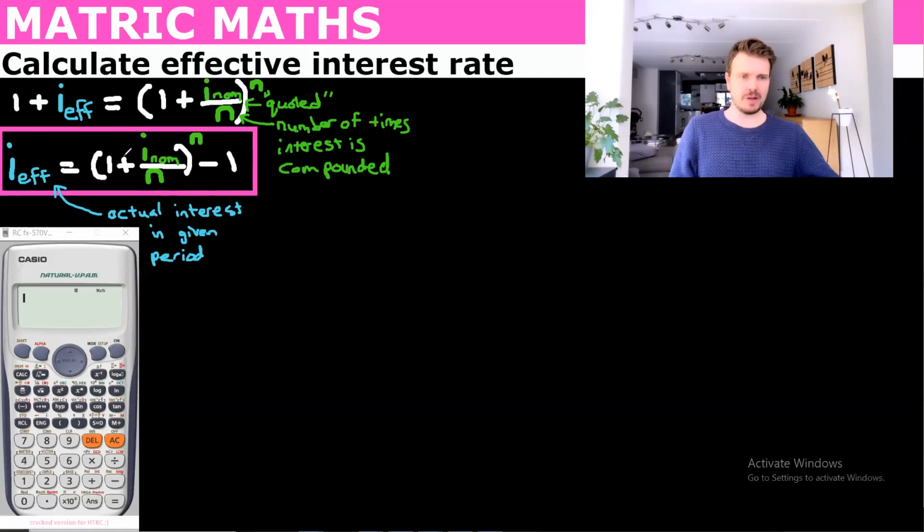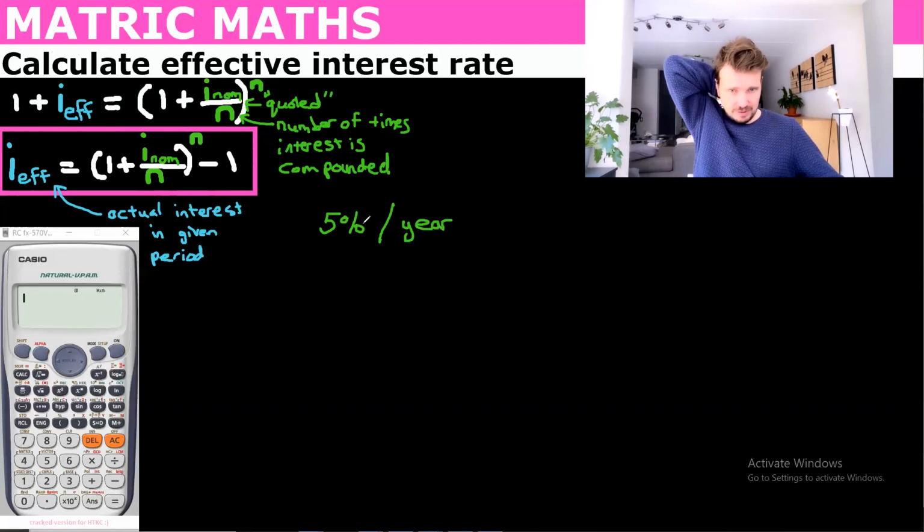So, okay, let's think about a bank, right? So your bank, when you invest money, they might tell you that you get 5%. So they may quote you 5% per annum. Okay, so that's what maybe, if you put it into a savings account, they say 5% a year, but your interest is compounded.